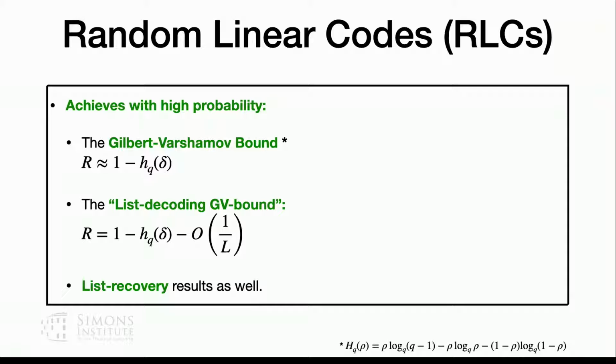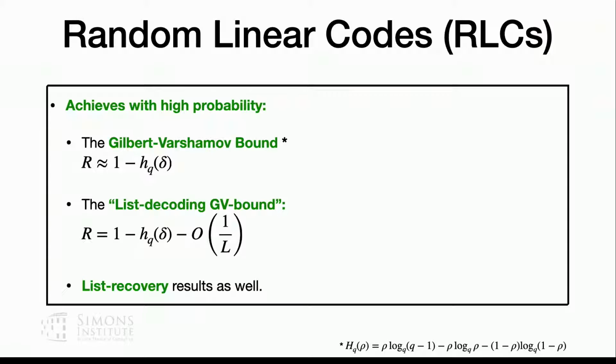It means that if I want to list decode up to some radius rho with list size L, then 1 minus h_q(rho) is the capacity, and if I go within a factor of 1 over L from the gap to capacity, I should be able to do that with a random linear code.